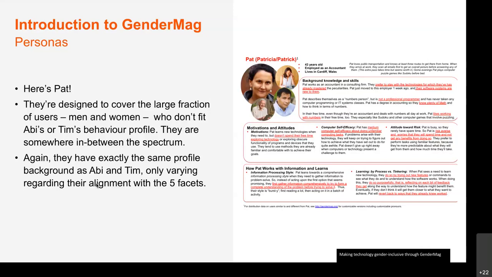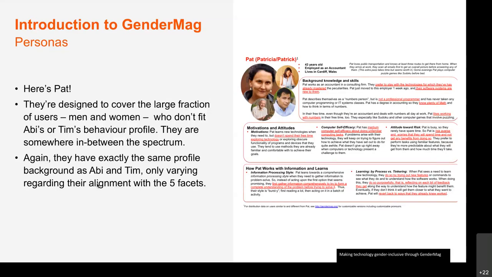So at the moment, GenderMag focuses on gender. However, we also know that some of these facets intersect with other backgrounds and characteristics. So, for example, gender and race. We know, for example, that attitudes to risk is affected by both gender and race.